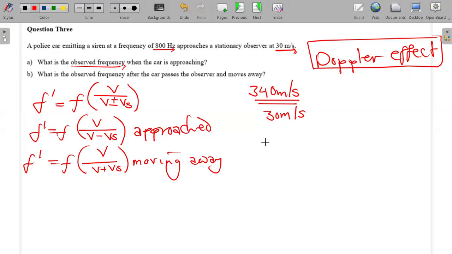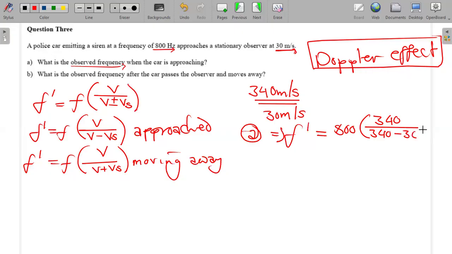So in part A, they are asking what is the observed frequency when the car is approaching, which means we're using the equation at the top. My observed frequency will be equal to the source frequency, which is 800, open bracket, 340, which is the speed of sound in air, over 340 minus the speed of the approaching source, which is 30.